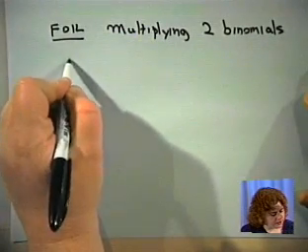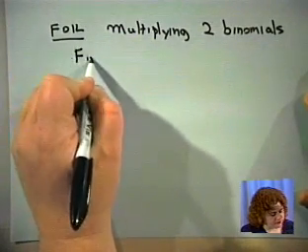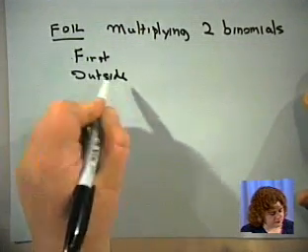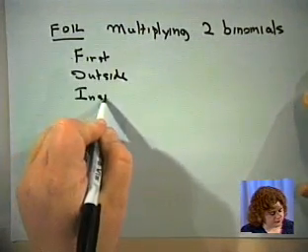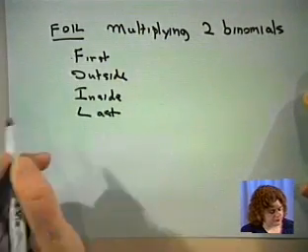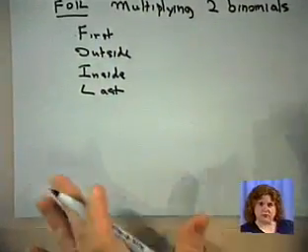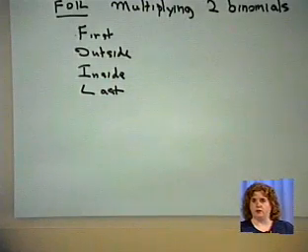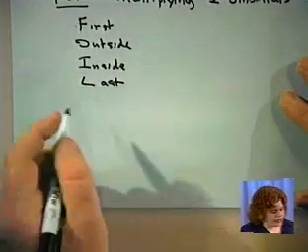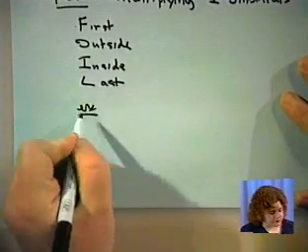The FOIL stands for first, outside, inside, and last. And it's a pattern that we get when we use the distributive property and multiplying two binomials that comes up if you do the little arrow trick.